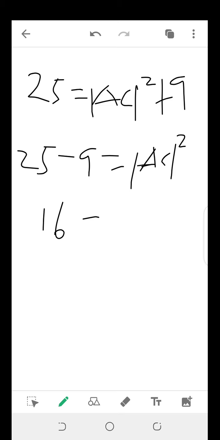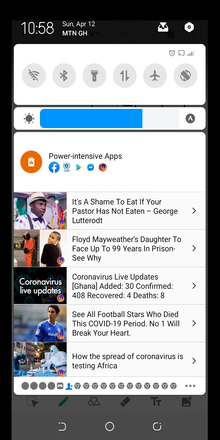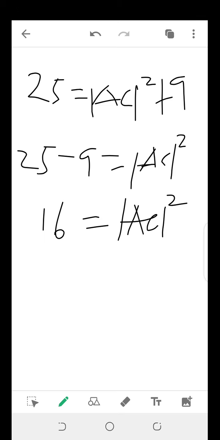So 16 is now equal to the magnitude of AC square. So now I have 16 equal to AC square, and we need AC and not AC square.